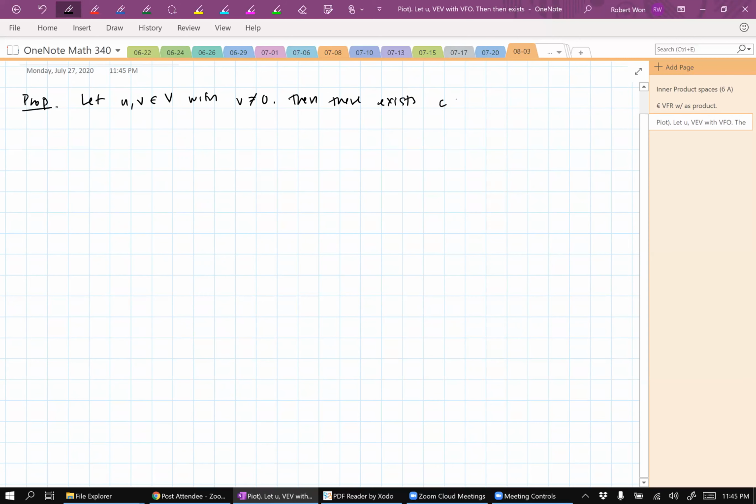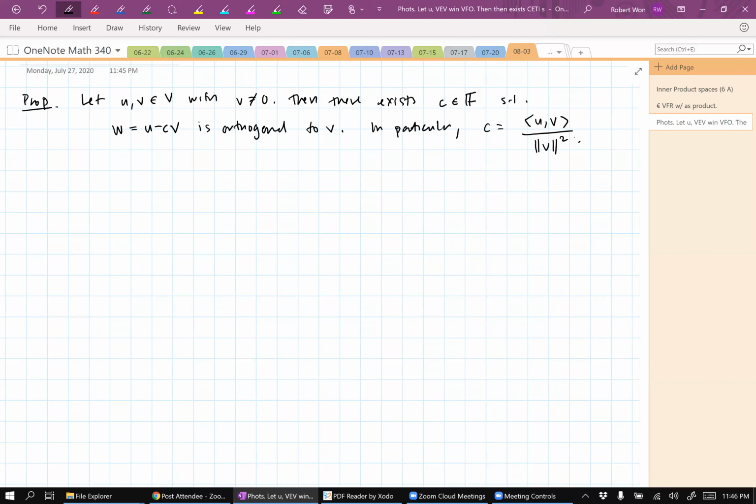Then there exists a scalar c in F such that w, which is u minus cv, is orthogonal to v. In particular, c equals the inner product of u and v over the norm of v squared. Okay, so lots to unpack here. The thing to do, though, is to draw the picture in R2. That is how we're going to understand this.